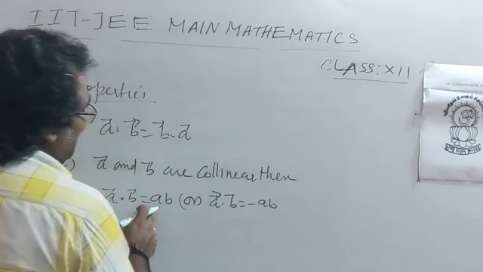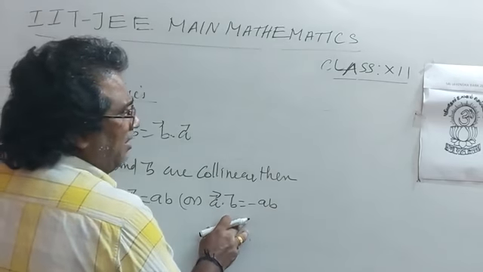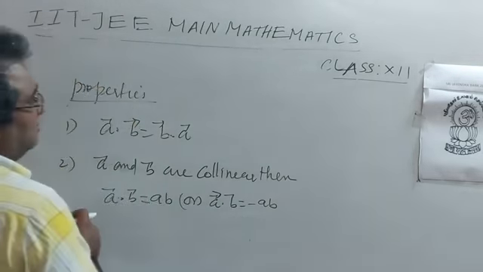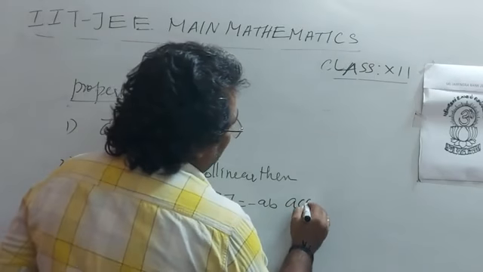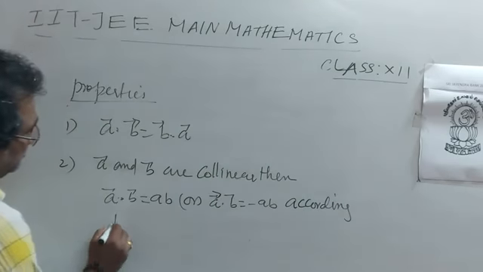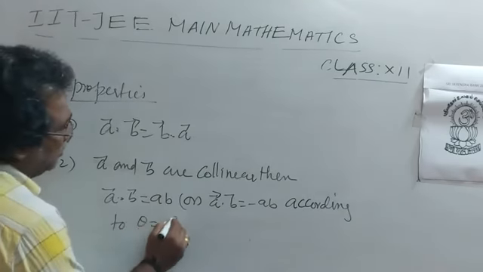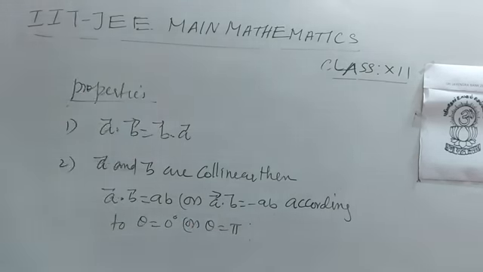In this case a and b are in the same direction, theta 0 degree. In this case a and b are in the opposite direction, theta equal to 180 degrees. According to theta equal to 0 degree or theta equal to pi.